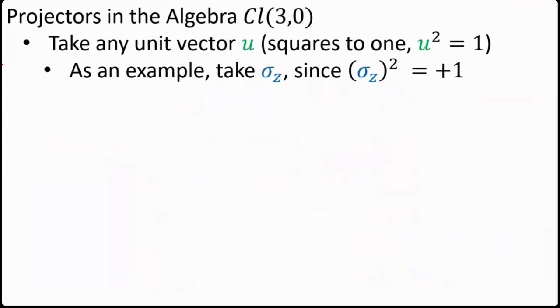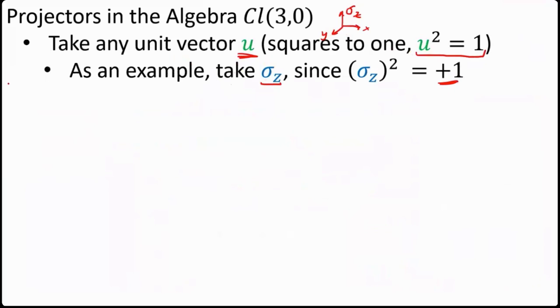Okay, so now let's talk about some projectors in our Cl(3,0) algebra. I'm not going to use the matrix interpretation, but here's a way we can get projectors in this algebra. If we take a unit vector u, we can get a projector. So sigma z is like a unit vector, the z basis vector, and it also squares to +1.